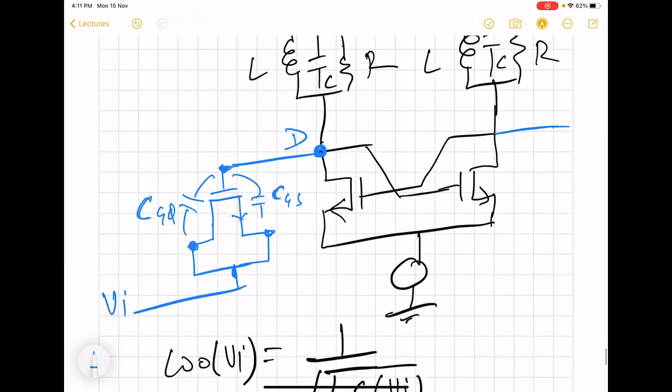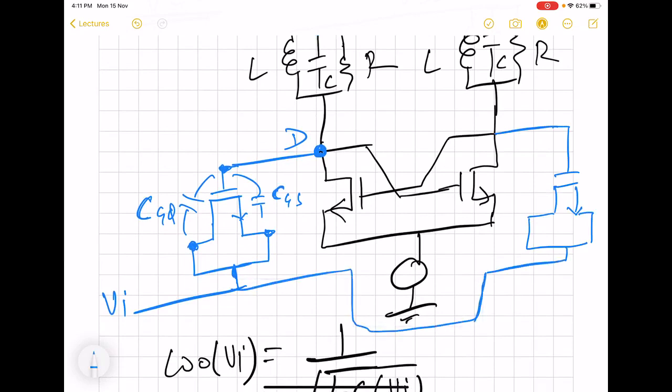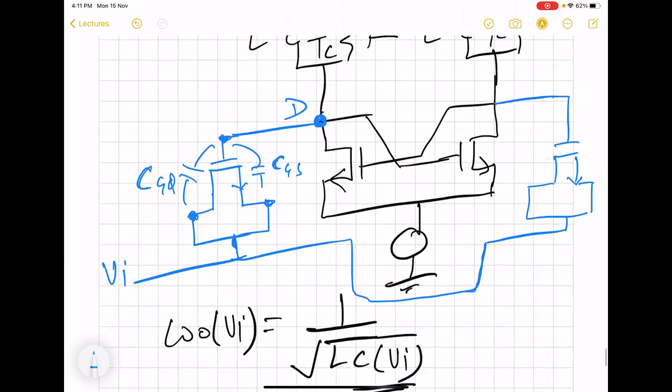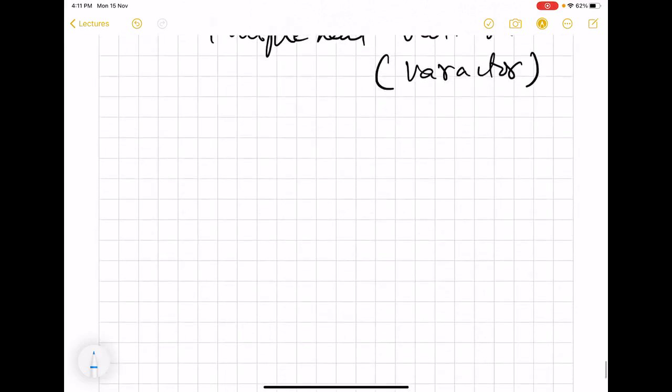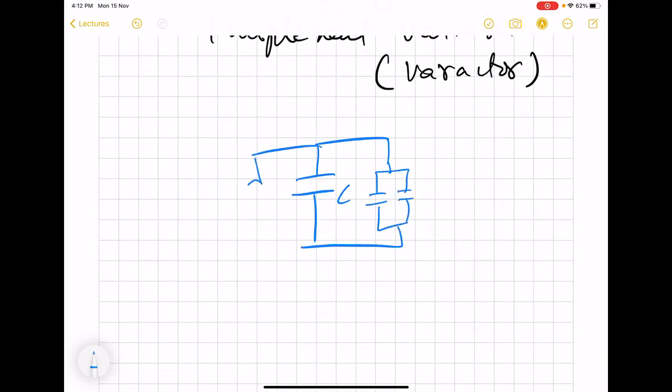Similarly, on the other side also, we can have a MOS, and this is also connected to the same input voltage here. So what we will have now is an equivalent scenario consisting of capacitors. This was our original capacitor, and then we will now have two capacitors in parallel.